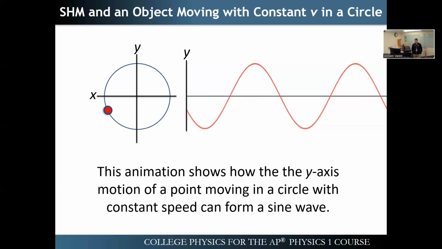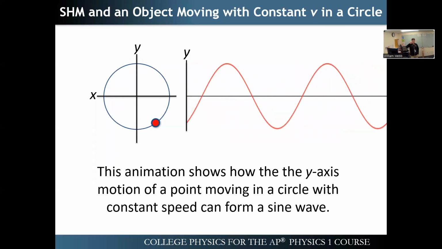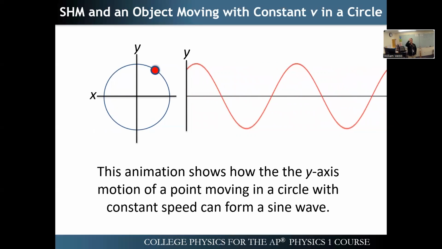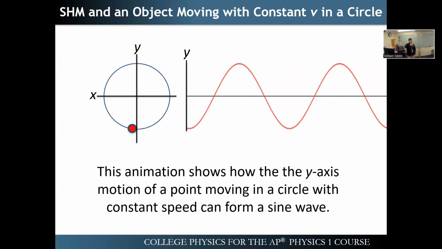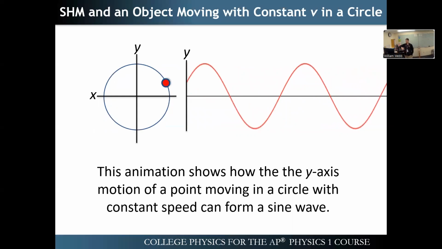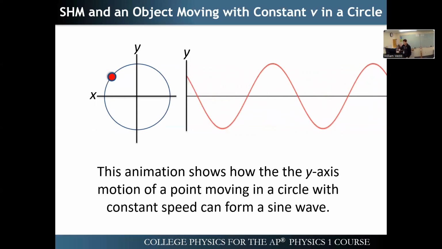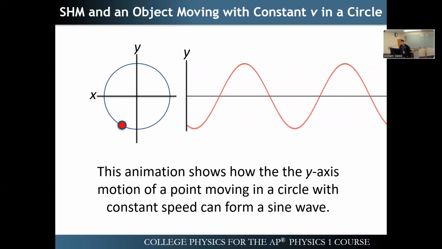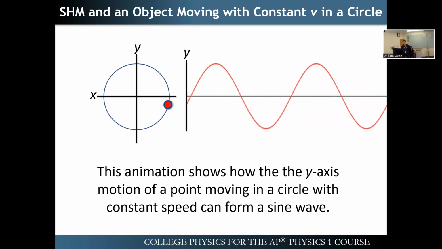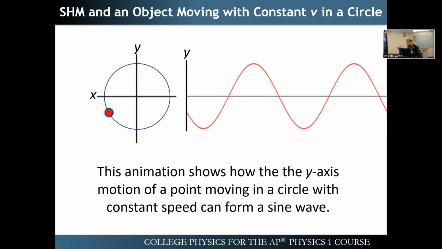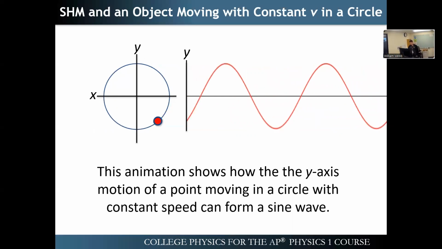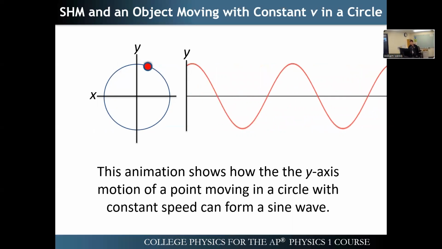And we saw also in the spring pendulum, if you track the movement of the vertical bouncing weight, then it also follows this sine wave pattern. The Y value keeps rising and falling and rising and falling. So there are a lot of mathematical connections and a lot of common terminology from uniform circular motion and simple harmonic motion. Just want to make sure that you're not missing that connection.